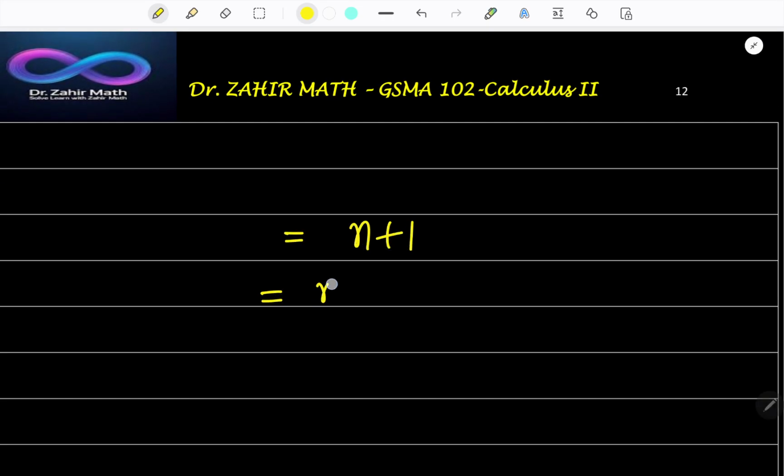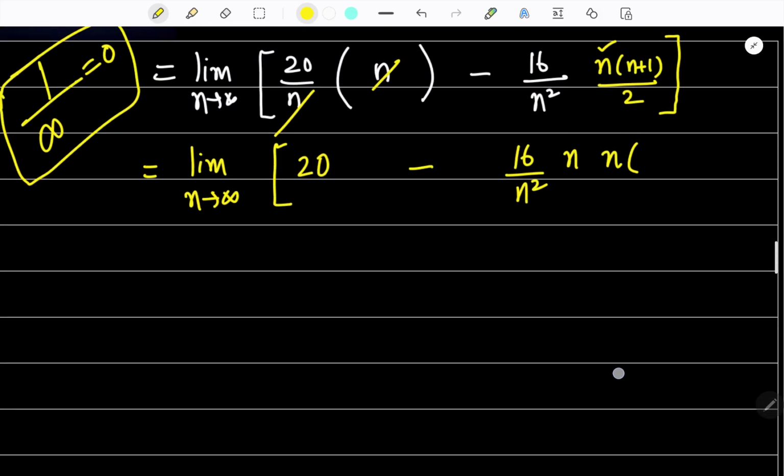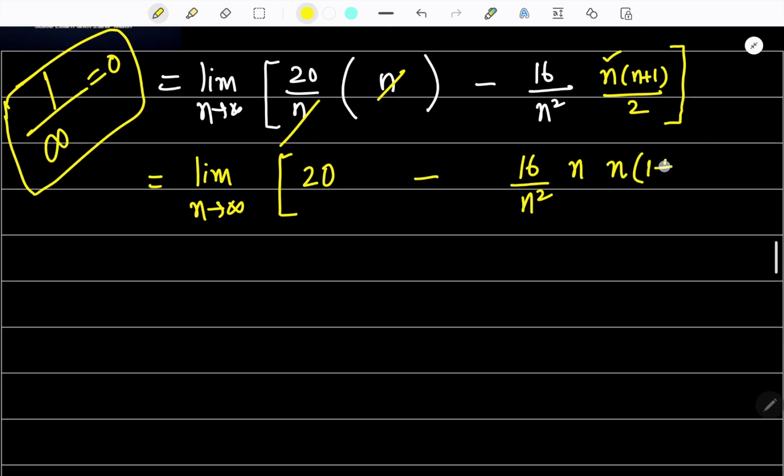If I take n common, I will get what? 1 plus 1 by n. Check it out. N into 1 is n. N times 1 by n is 1. So this is equal to n taking out, 1 plus 1 by n divided by 2. So this n square gets cancelled.